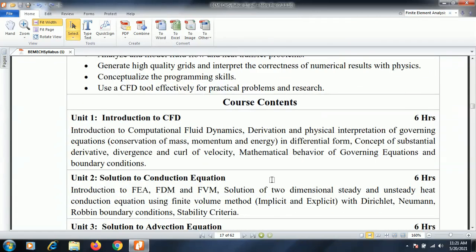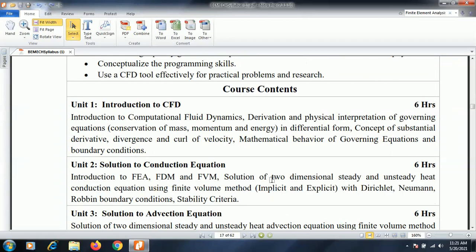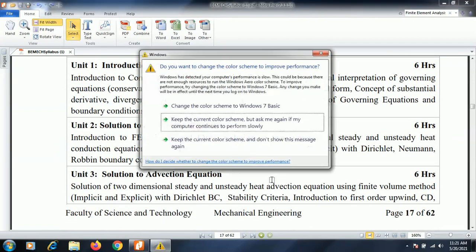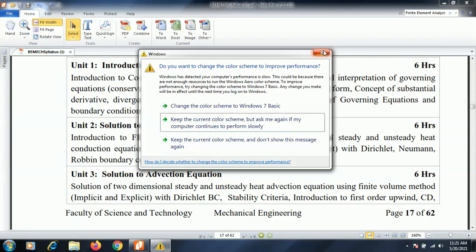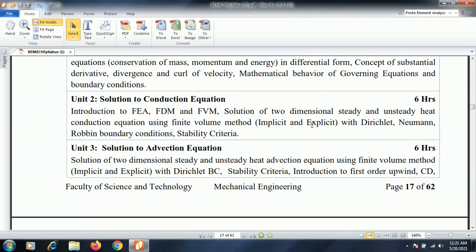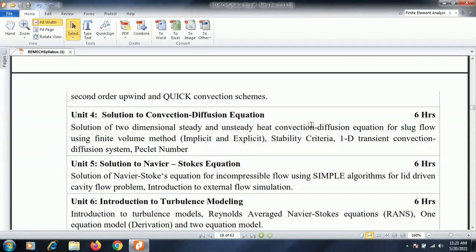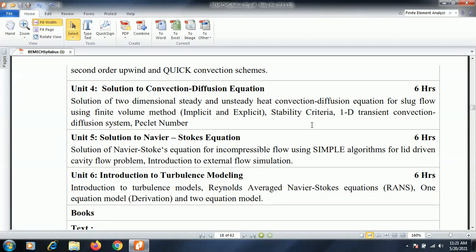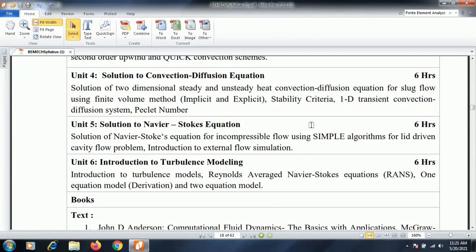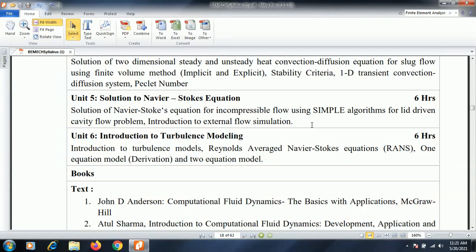You can go through this concept of CFD, then you can learn aerodynamics, then different forms of equations, Navier-Stokes equations, then the convection diffusion equation which was seen in the heat transfer subject. You can see the solution of Navier-Stokes equation, then introduction to turbulence modeling.